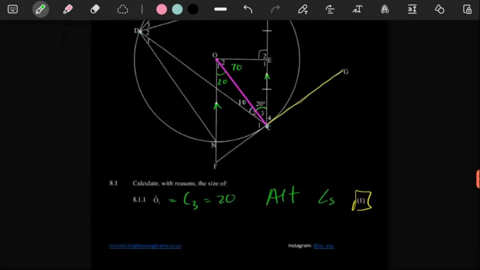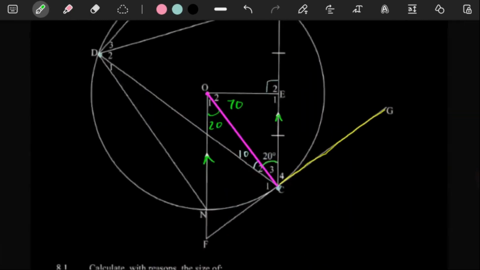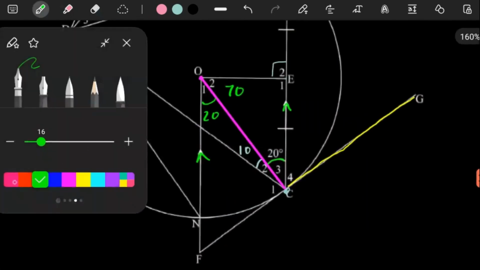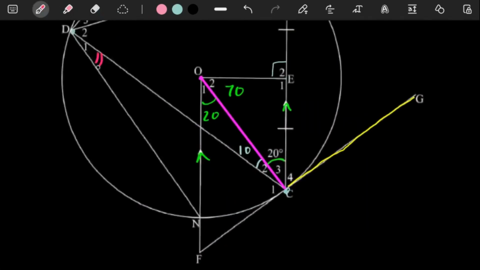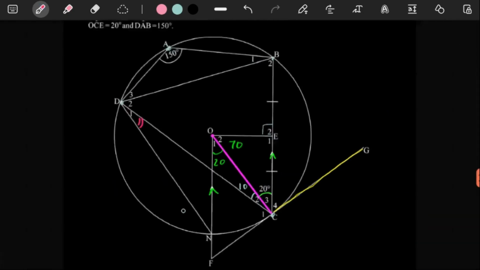They want us to get D1. Where is D1? D1 is there, this tiny angle here. D1 looks quite interesting. I'm looking at where D1 is going, to see if there's any other angle subtended by the same chord. And yes, O1 is also going to NC, and D1 is also going to NC.